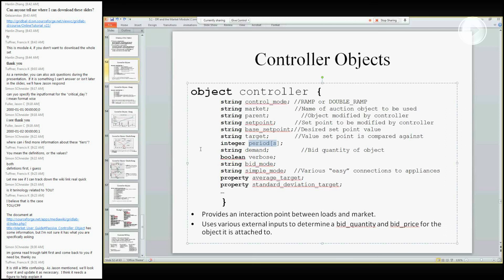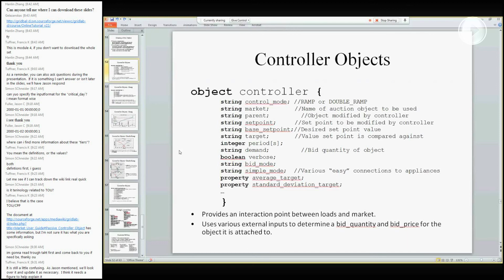Your period is ideally, it should be the same period as your auction. It doesn't necessarily have to be. However, I'd recommend that that period is either equal to the auction or greater than or equal to the auction period. And the reason being is that if you make this period smaller than the auction period, then the prices in between two different market clearings are not necessarily clear.